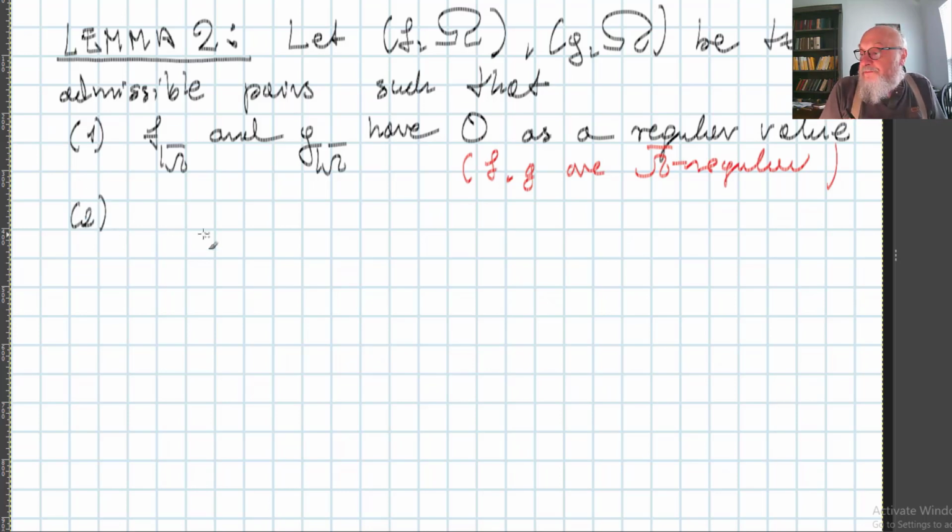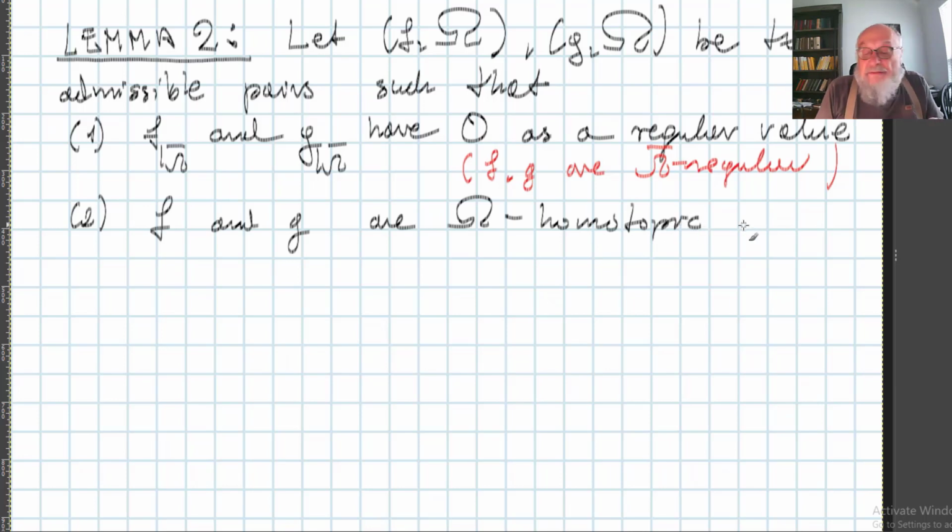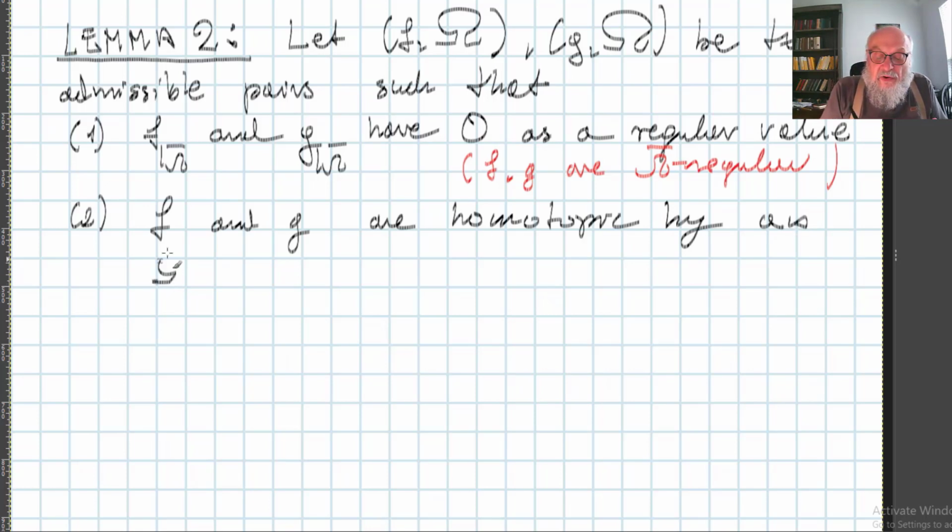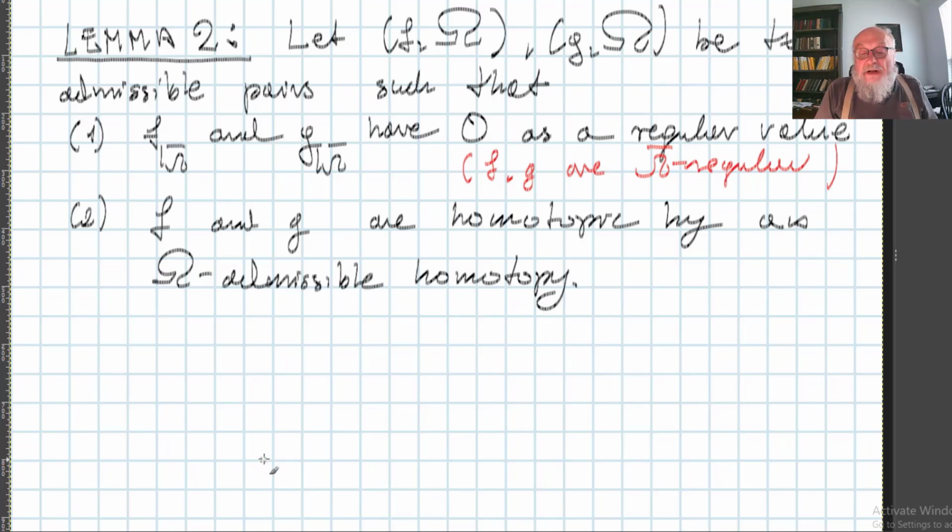So this will be 2, f and g are homotopic by an omega admissible homotopy. Then we have the following.